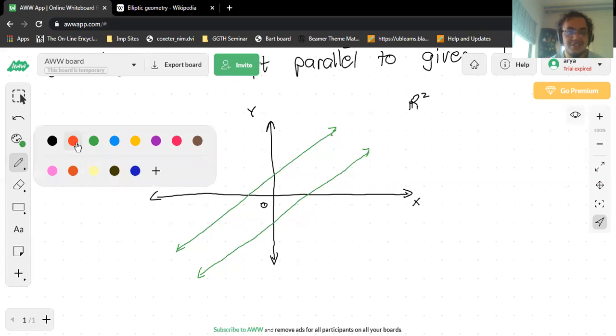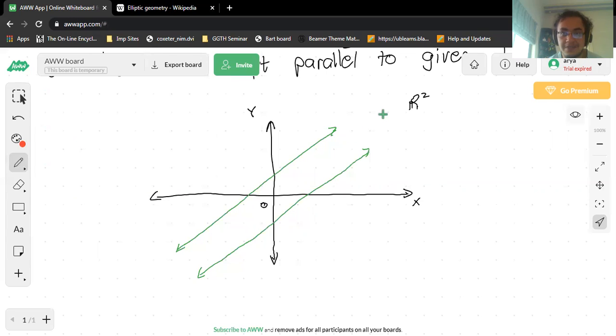One very straightforward, a very artificial way to do this, is we define an artificial point in this direction. So both of these green lines, say they have slope m. We know that all parallel lines have the same slope.